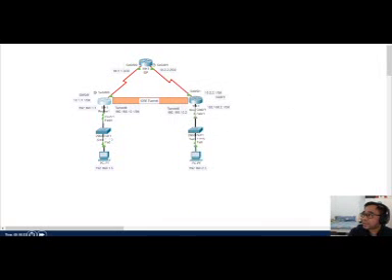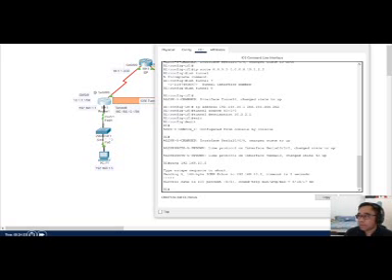Let's try this, if we're able to connect. Okay, we have successfully connected through the tunnel.